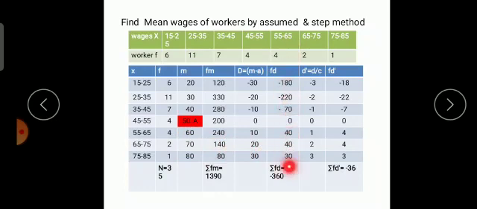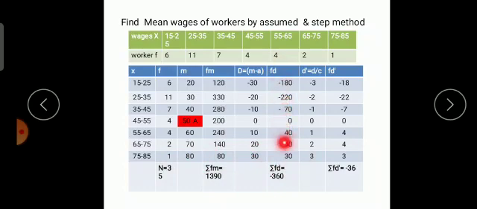Then we need to find the fd column, for which we need summation fd. So fd is the f column into the d column: 6 into minus 30 is minus 180, 11 into minus 20 is minus 220, 7 into minus 10 is minus 70, 4 into 0 you get 0, 4 into 10 is 40, 2 into 20 is 40, 1 into 30 you get 30.